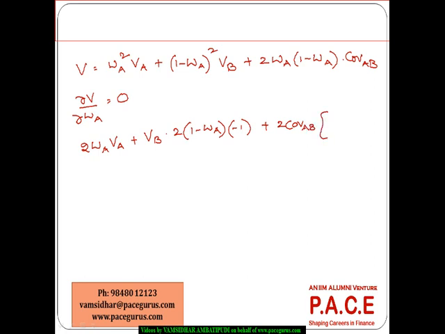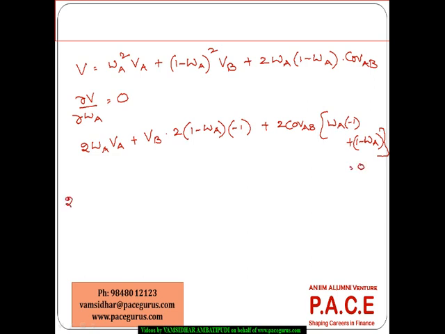Here comes WA times minus 1 plus 1 minus WA. So this is the derivative with respect to WA, and this I have to equate to 0.